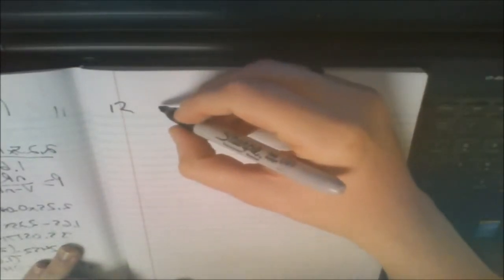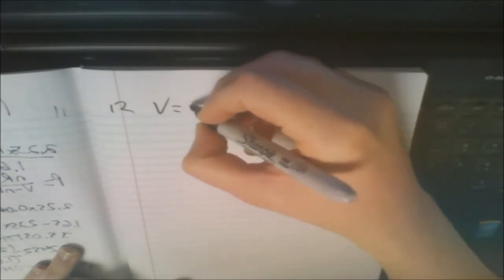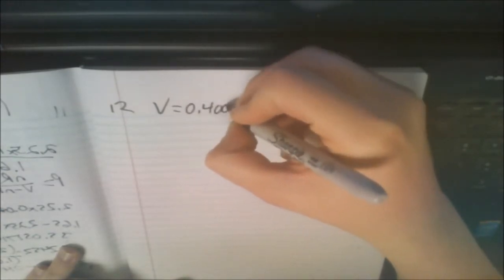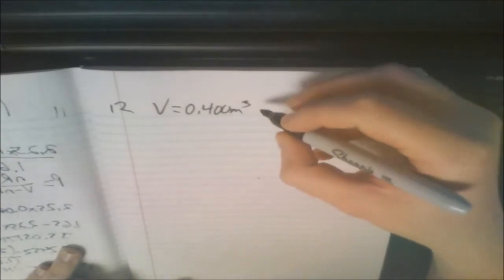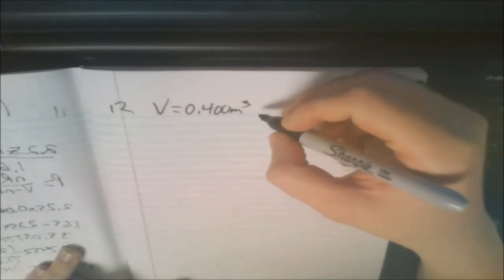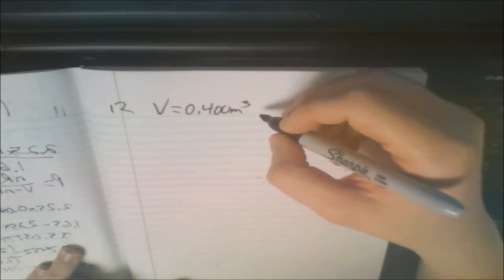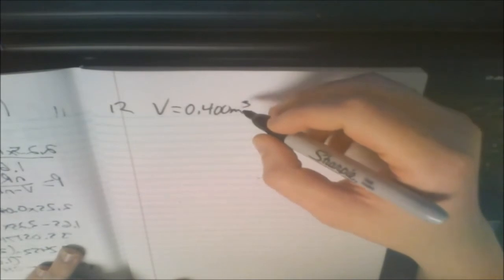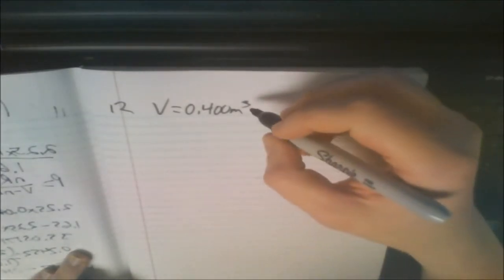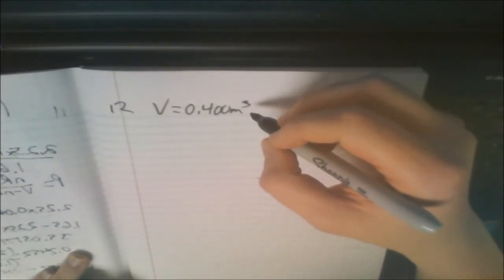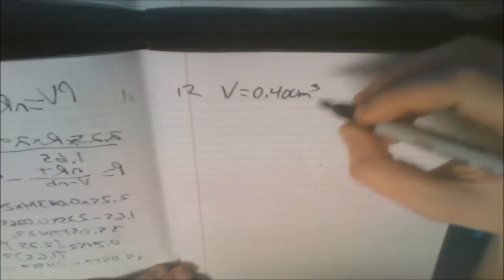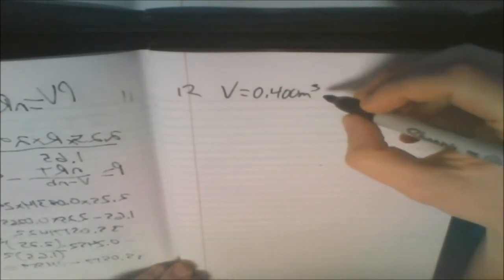For one, we have a volume of 0.400 meter cubed, which is, quick conversion, in a centimeter cube, there is 1 milliliter. So in 1 meter cubed, there is 1,000 liters. Real quick.